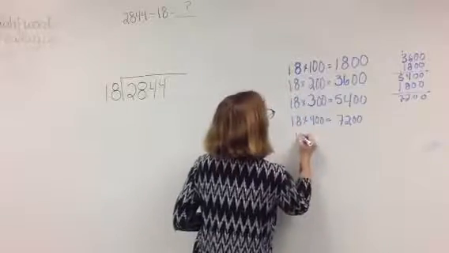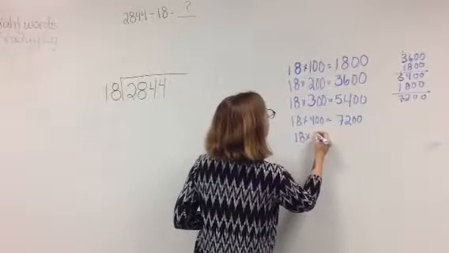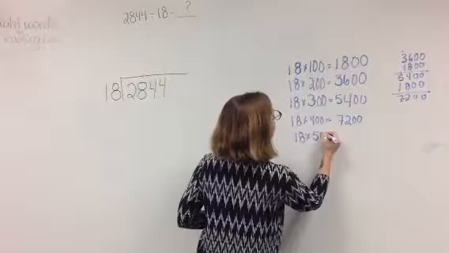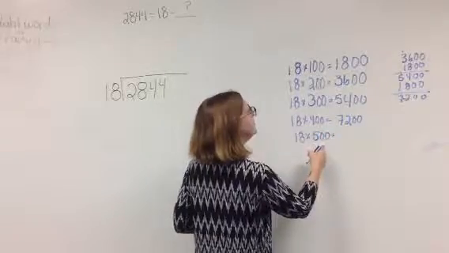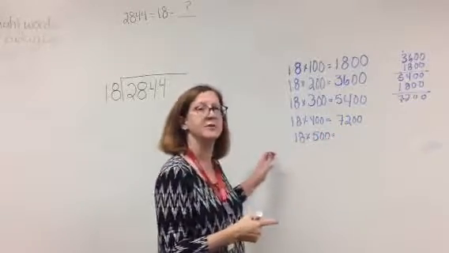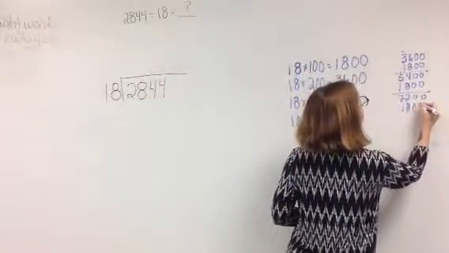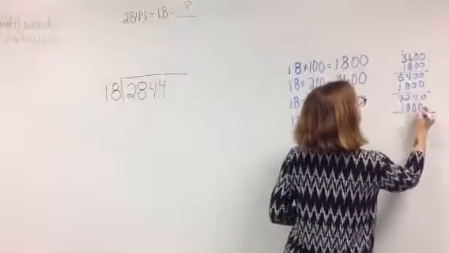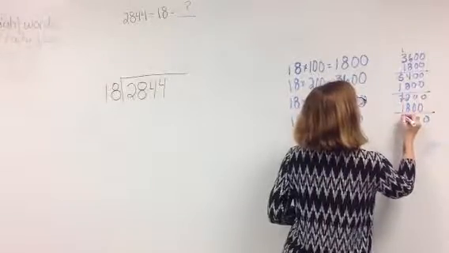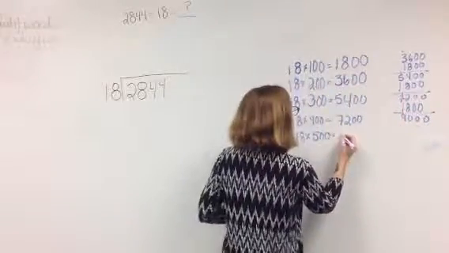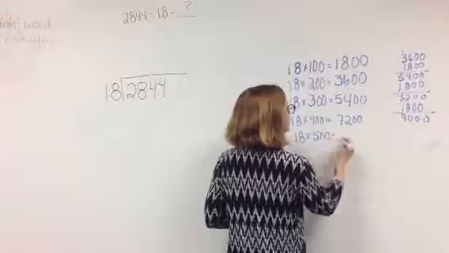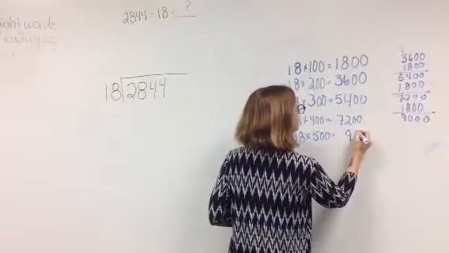And I'm going to just keep going because even though we probably do not need to go this far for the hundreds, we might for the tens and the ones. So I'm going to add another 1,800. And I know that 18 times 500 is 9,000.